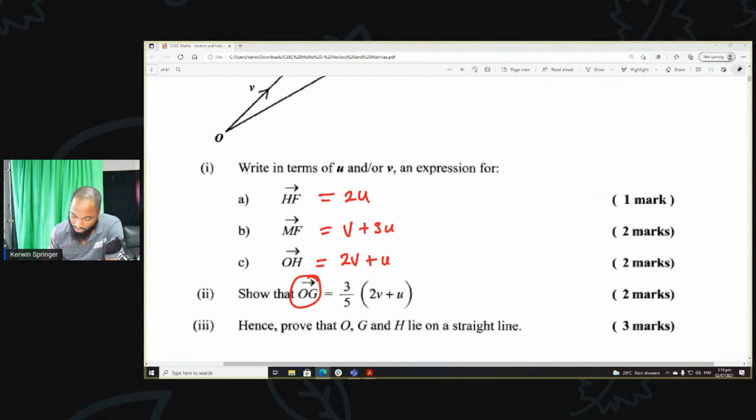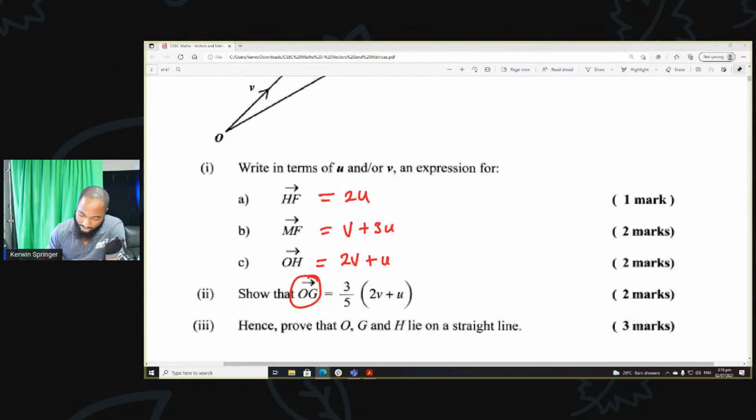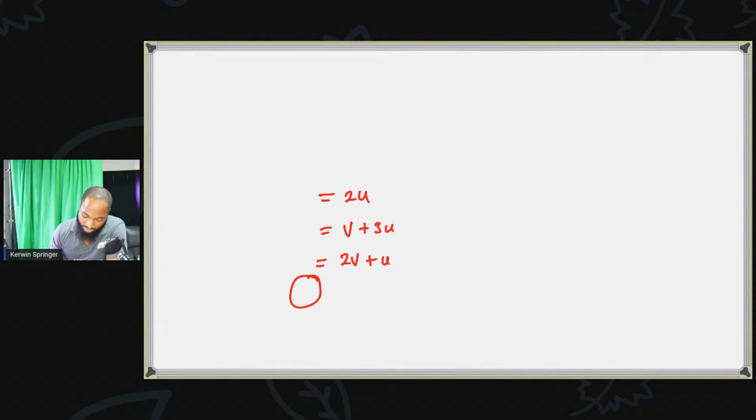Yeah, MF is V plus 3U. So MG is 1/5 of V plus 3U. Is that making sense to you all so far? Everybody seeing clearly now?